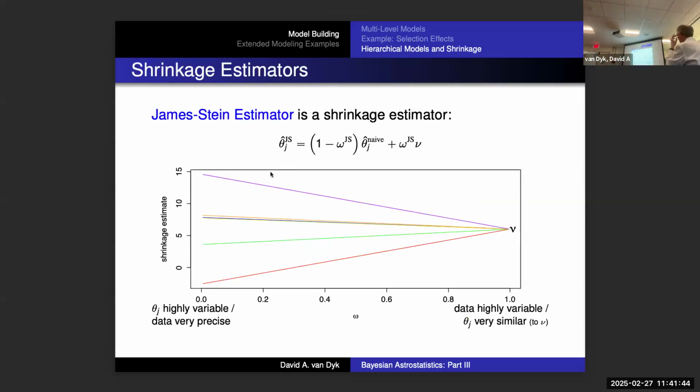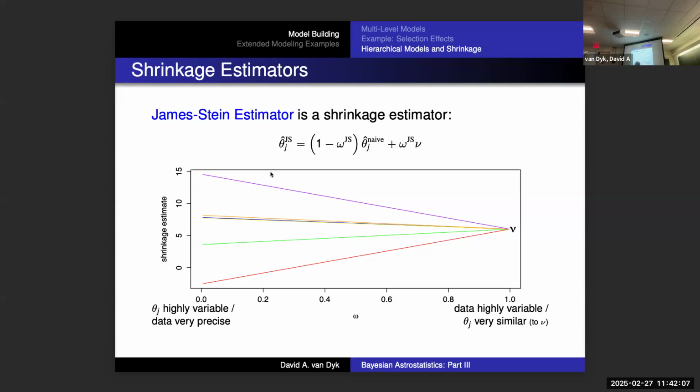Okay, so let's look at an example. This is that James-Stein estimator. And these are called shrinkage estimators because of plots like this. As that weight changes, we have the individual groups, and they're each going to have their own estimate, just their own sample average. And as the weight goes from 0 to 1, I go from the individual estimators to nu.